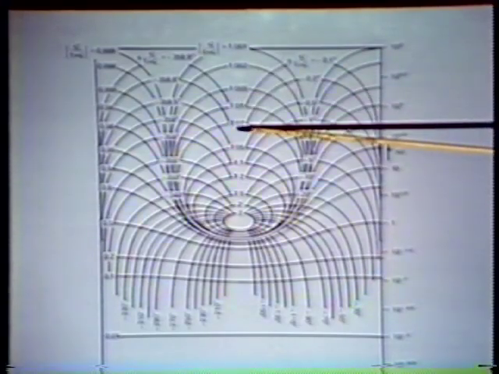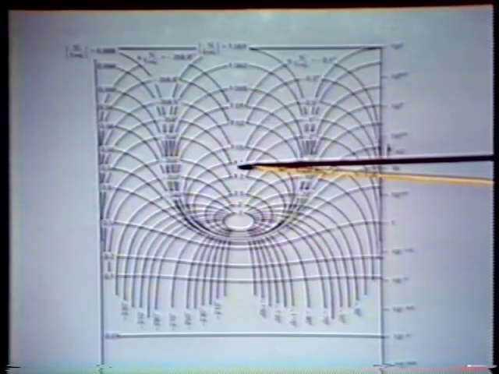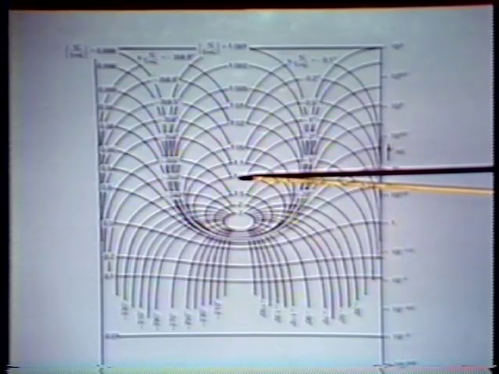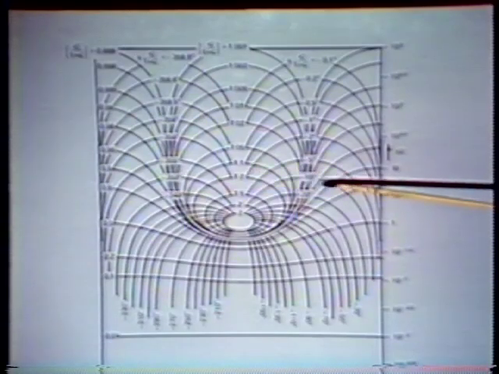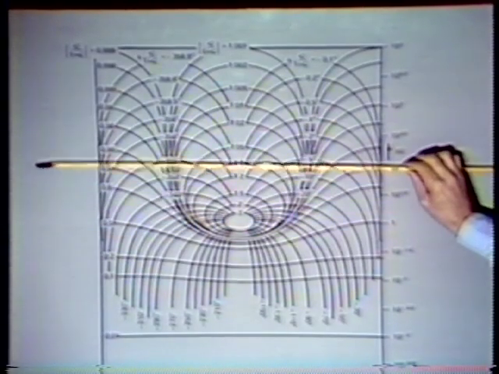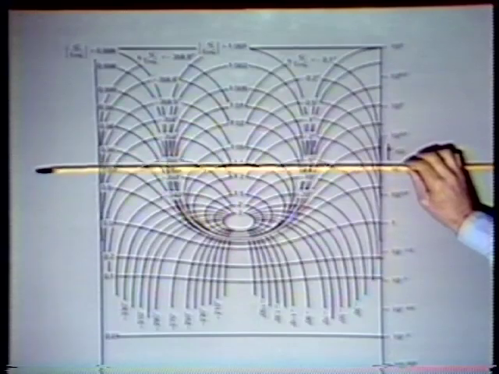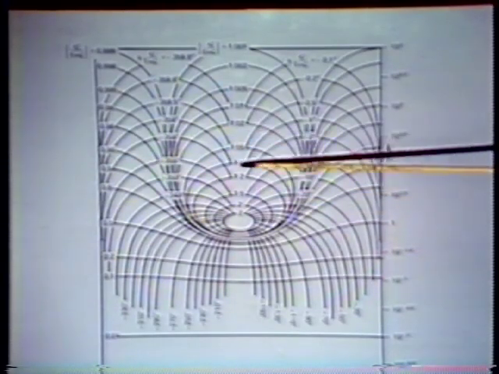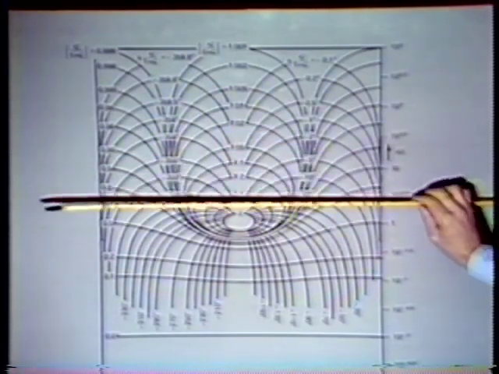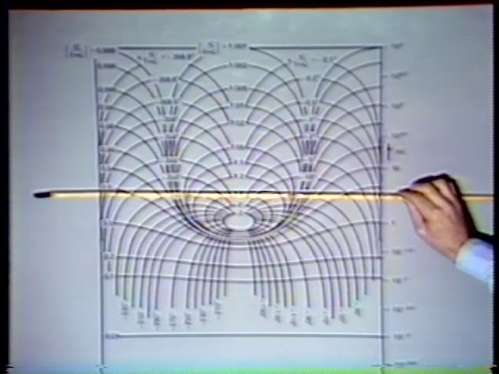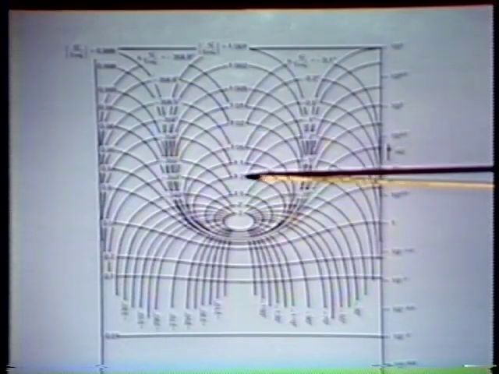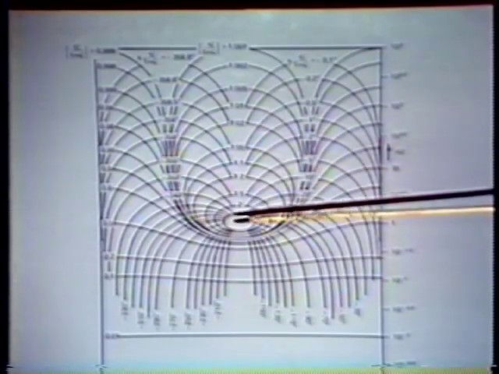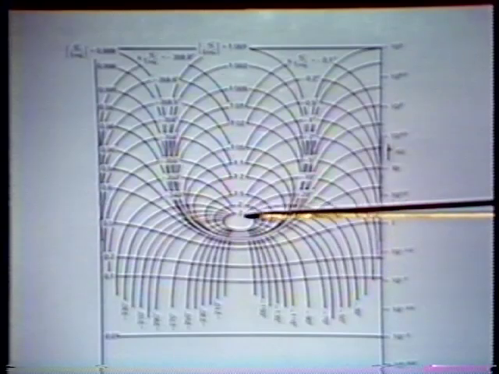And now we're getting closer to G equals 1. Here's G equals 10 and an angle of minus 180 degrees, and we have a magnitude of about 1.1 at that point. And now we're going down to a magnitude of the square root of 10, and we have a magnitude for G over 1 plus G of about 1.5. And here, as we approach the minus 1 point, the magnitude gets larger and larger.